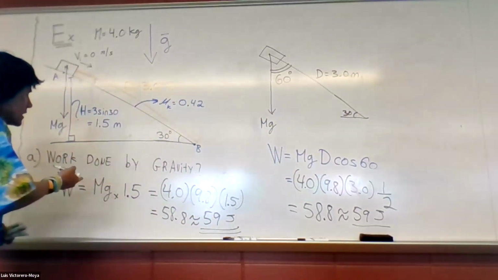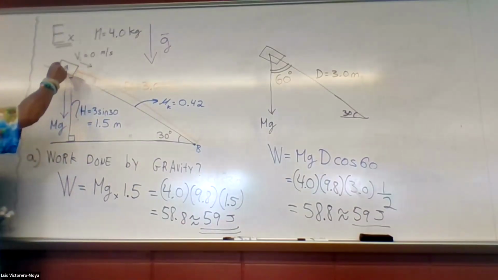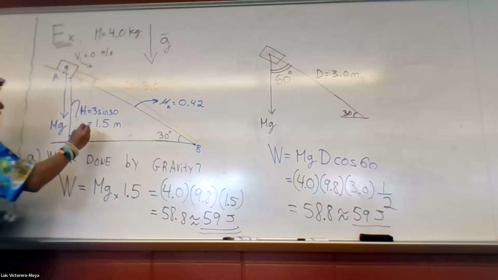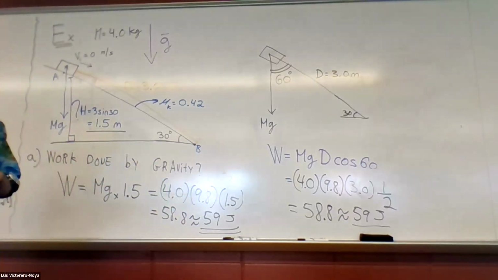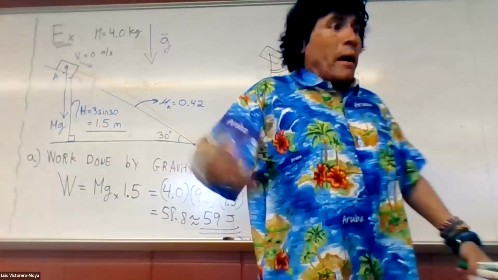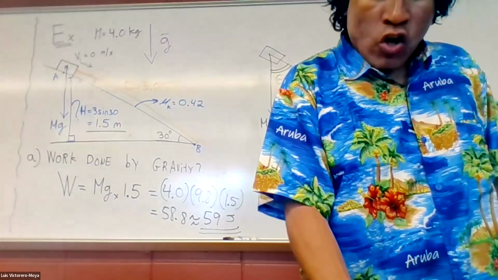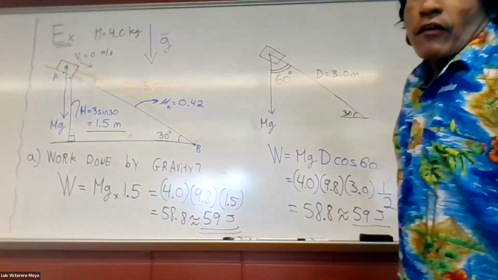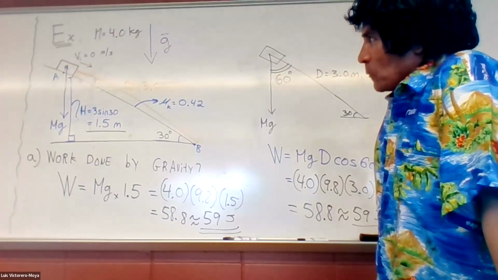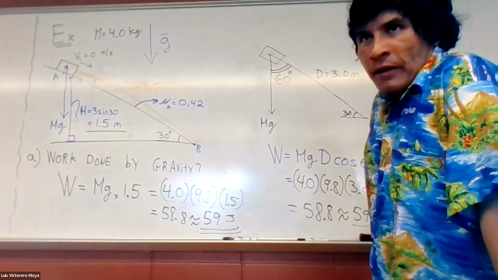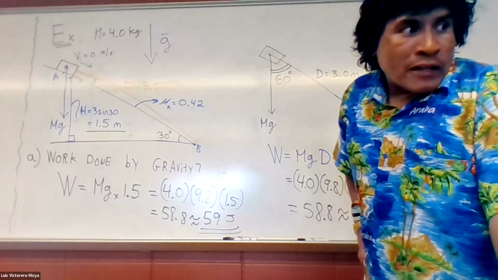Or you can think of it like this: the force of gravity is moving the body from point A to point B vertically this distance. You can pick any. But the takeaway from this problem is that the work done by gravity is not zero. Why is it not zero? Because it's moving horizontally and vertically. That brings us to the next question.